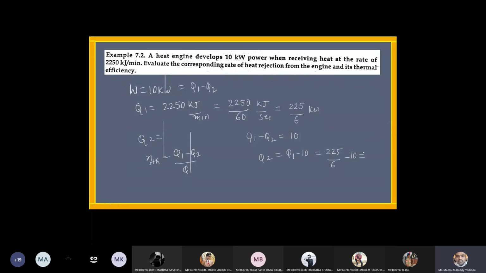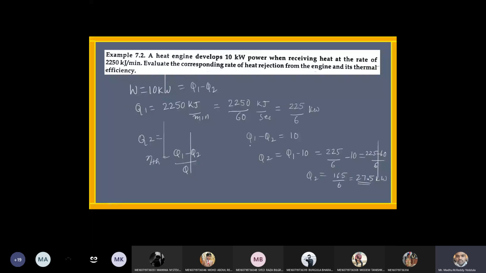How much will it be? 225 minus 60 by 6, that is 165 by 6, which is 27.5 kilojoules per second. Correct? Yes, sir. Q2 we got.